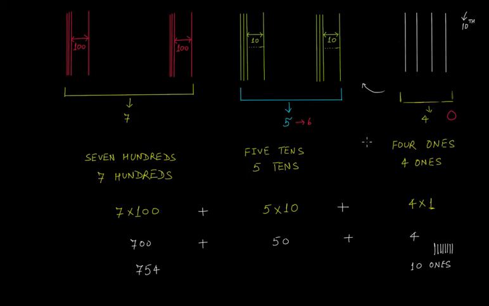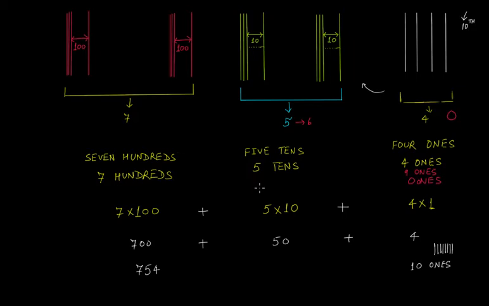Now what will your number be? It will be 0 ones. As soon as a 10th comes, if it was 9 you would have 9 ones, but as soon as the 10th came, this will be 0 ones. Why? Because the bundle of 10 line segments will be here now.